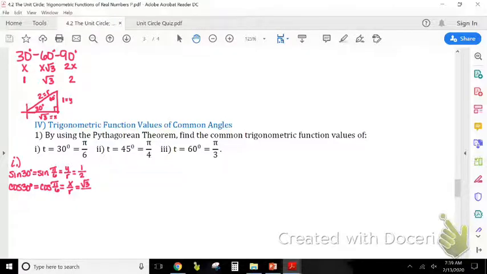Over what is r? 2. And tangent of 30 degrees, which we could have said is tangent of pi over 6. What is tangent in terms of x, y, and r? So what is y? 1. Over what's x? Square root of 3. Ooh, but can we have a radical on the bottom of a fraction?